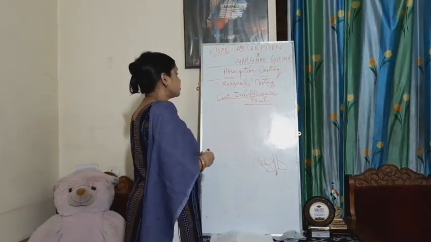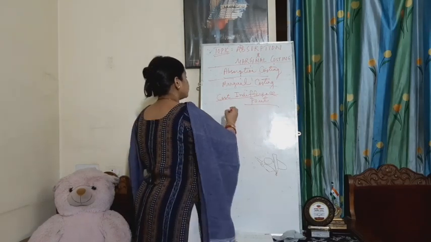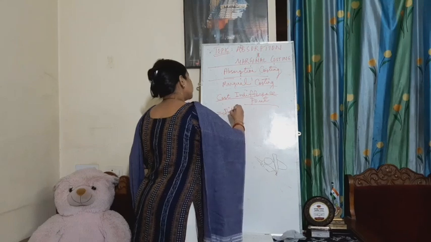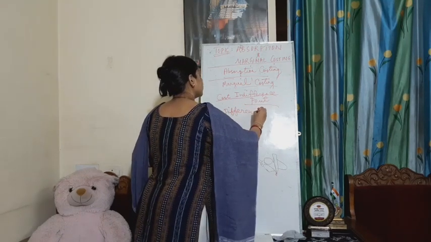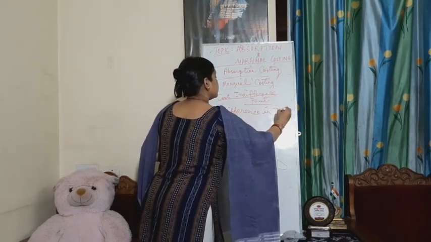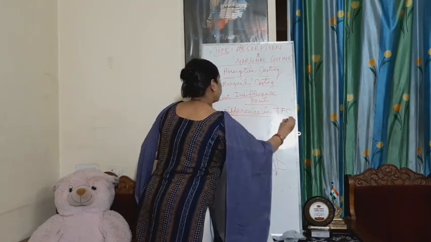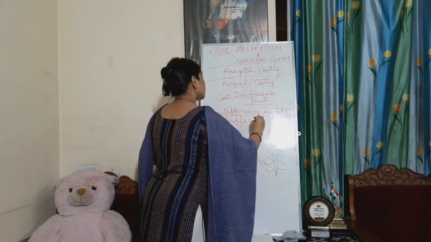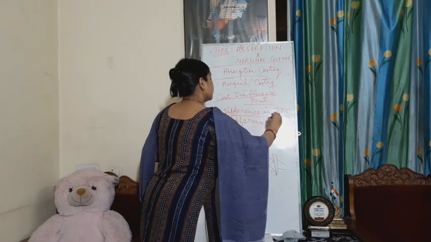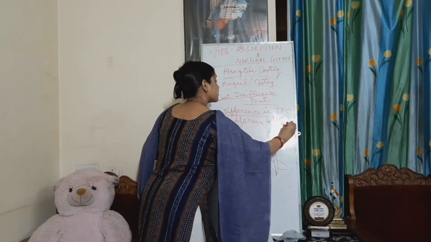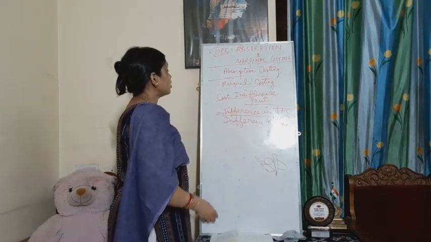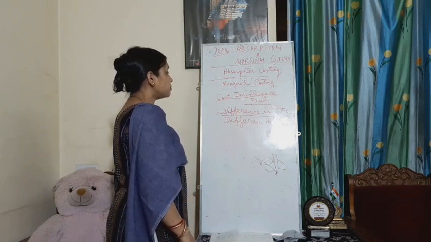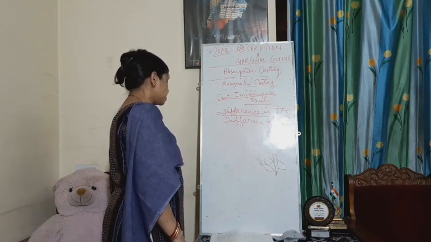And cost indifference point can be calculated like this. Cost indifference point equals difference in total fixed cost divided by difference in variable cost per unit. The formula to calculate cost indifference point is difference in total fixed cost divided by difference in variable cost per unit.